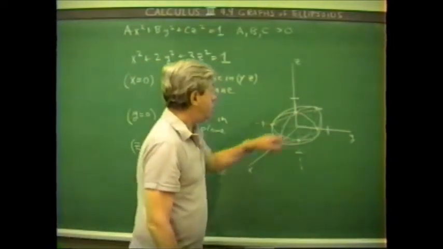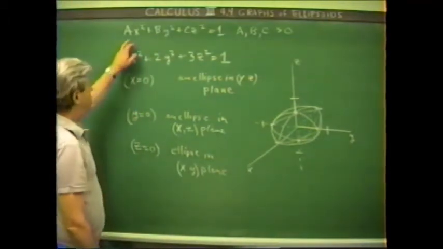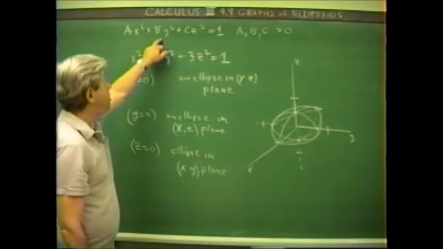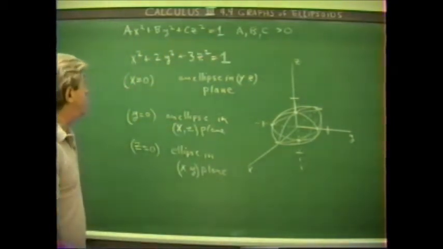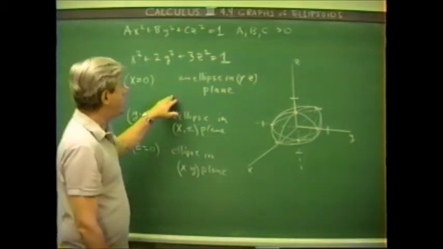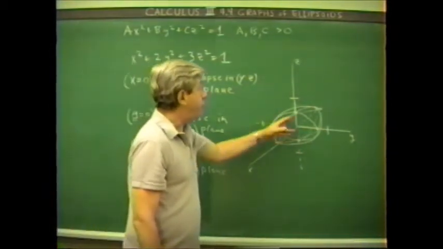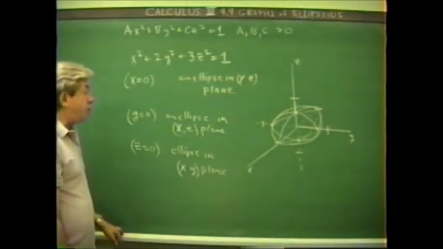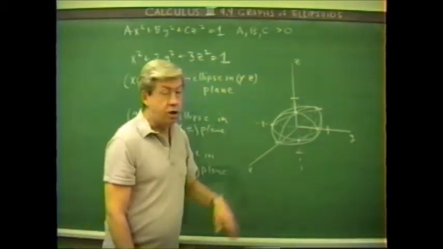The 3 traces allow you to see this, and it's clear that anything of this form, ax squared plus by squared plus cz squared is equal to 1, will result in such a graph. So this is the ellipsoid, and in particular an ellipsoid with the center at the origin.